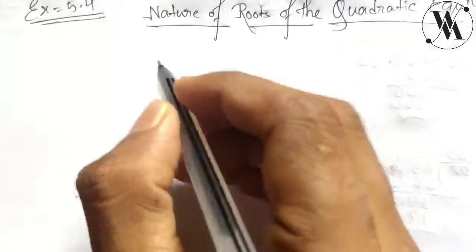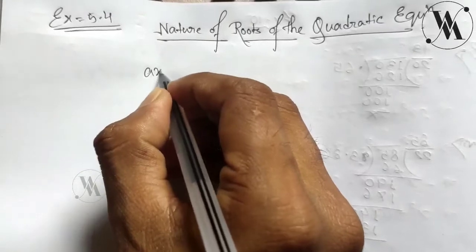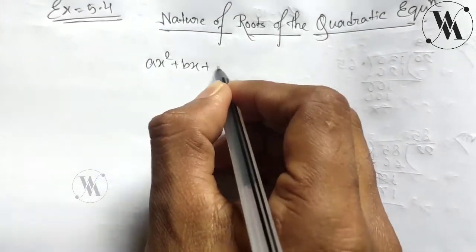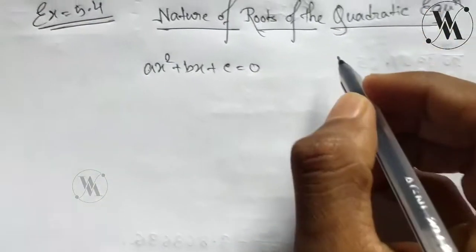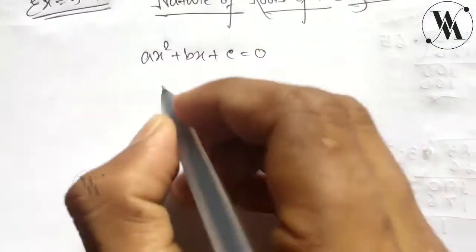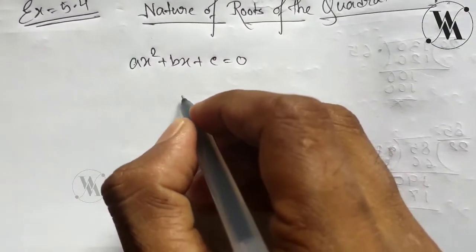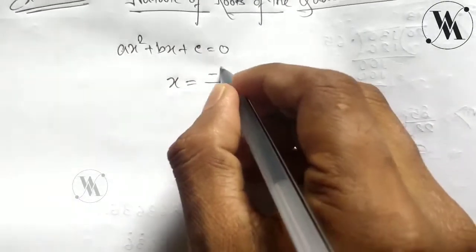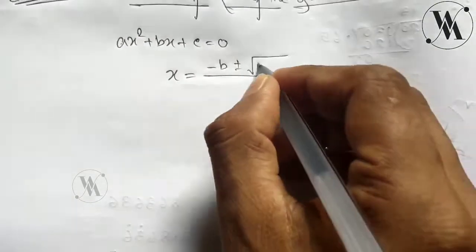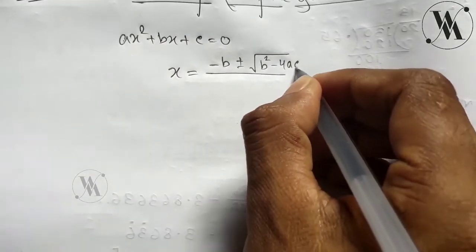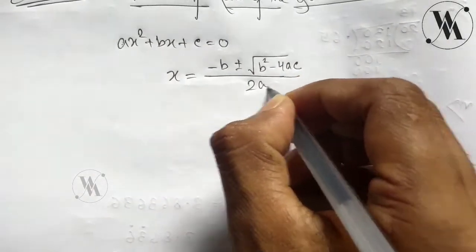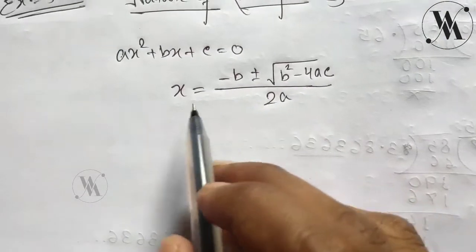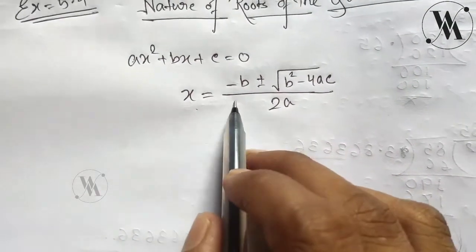Suppose ax square plus bx plus c equal to 0 is the standard quadratic equation, then by the Sridhar Acharya formula, the roots, that means the value of x, equal to minus b plus minus root over b square minus 4ac by 2a. So this is the Sridhar Acharya formula.